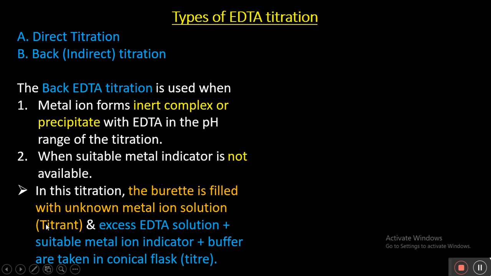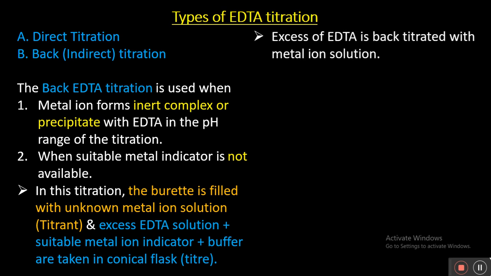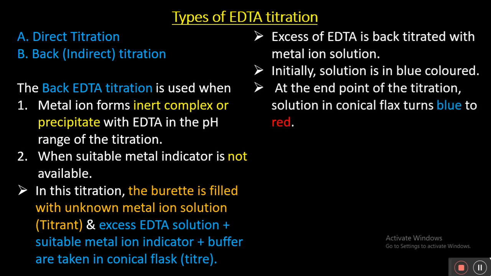In the conical flask, the excess EDTA is back titrated with the metal ion solution. Initially, the solution is blue colored, I'm sorry, due to the metal ion indicator and EDTA.